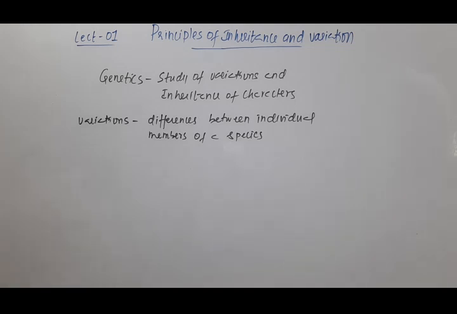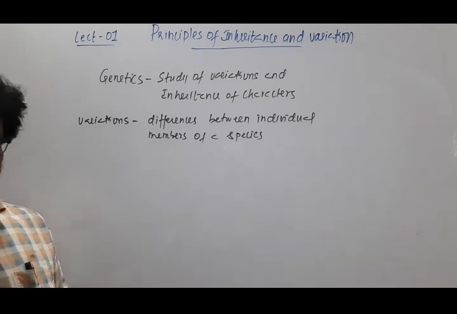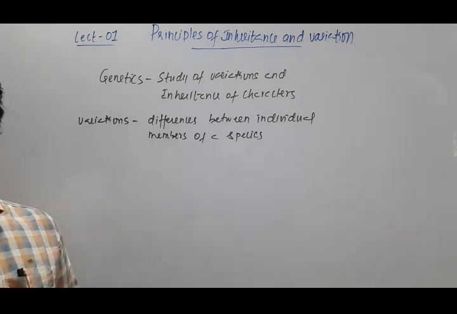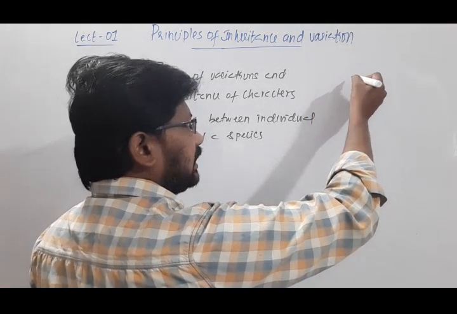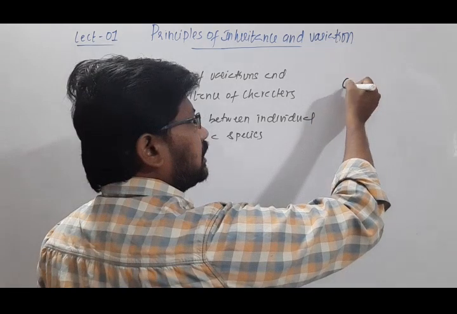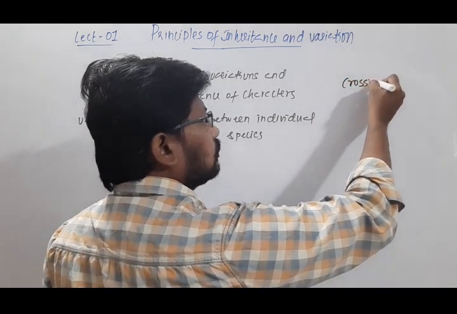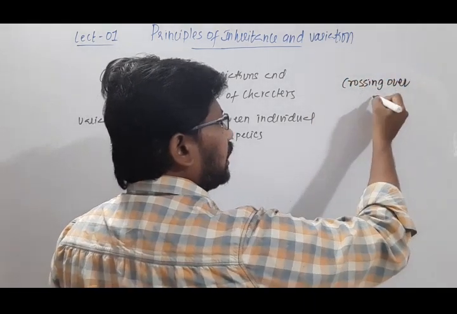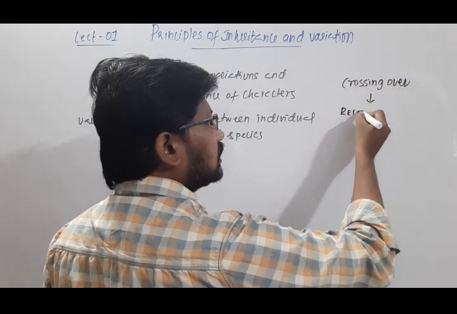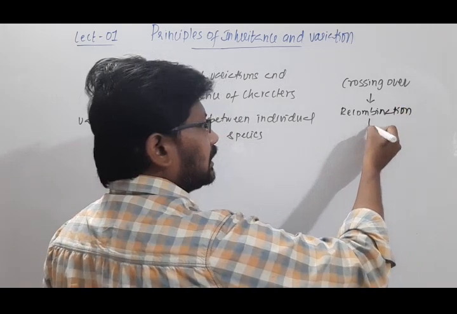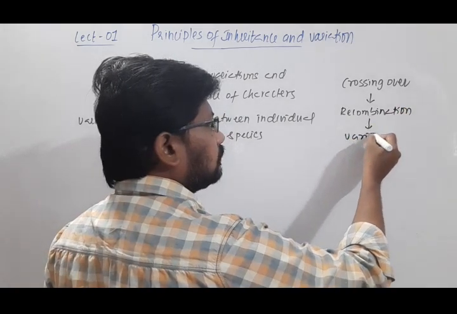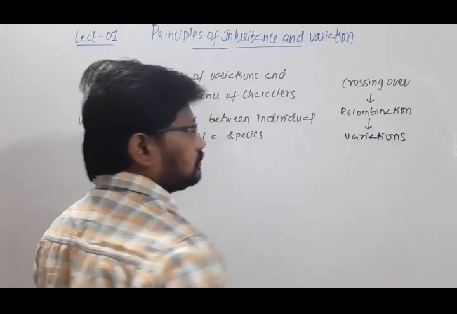And we studied in the first year that meiosis is the one that plays a key role in the production of these variations. We studied in the packaging stage that there will be crossing over, and crossing over will result in recombination of genes, and that results in production of variations.